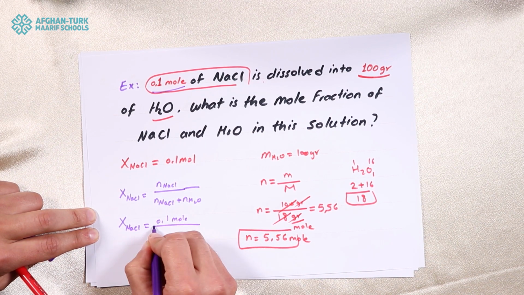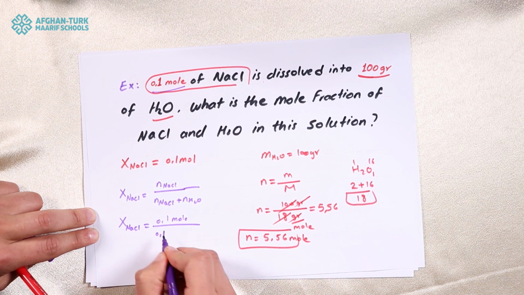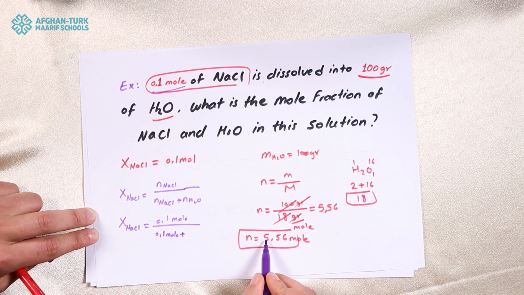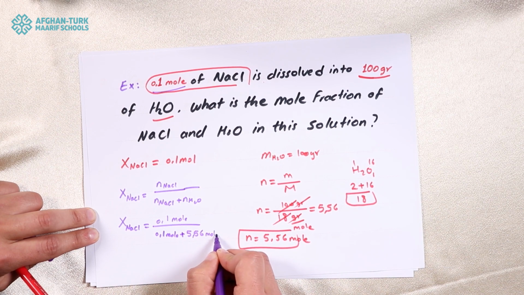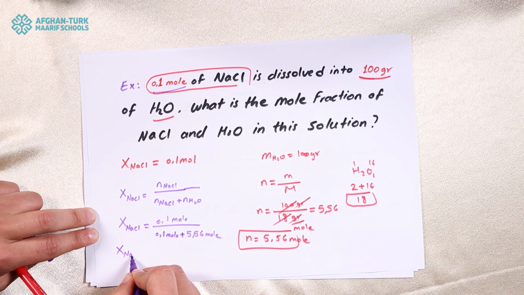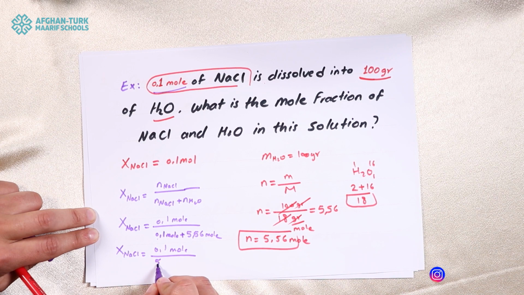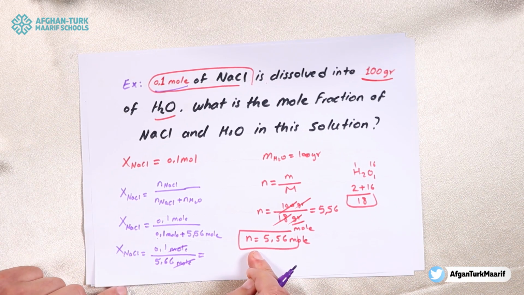In the denominator we have mole of sodium chloride, again 0.1 mole, plus mole of water. What is the value of mole of water? 5.56 mole. When we simplify them, it will become 5.66, I think.